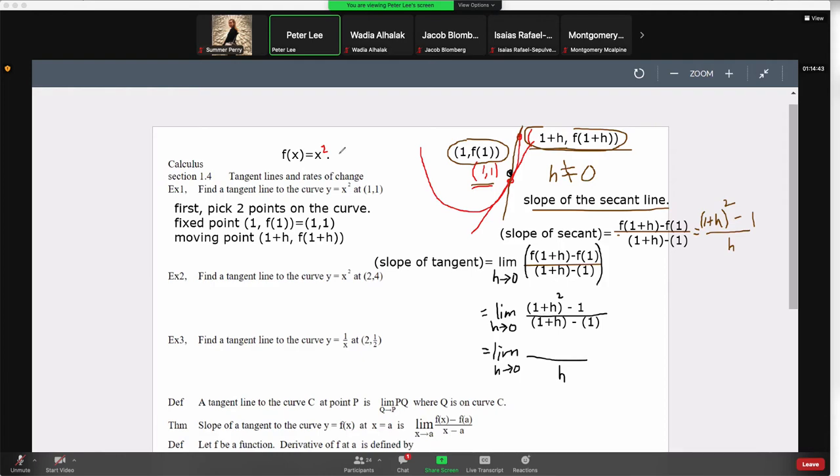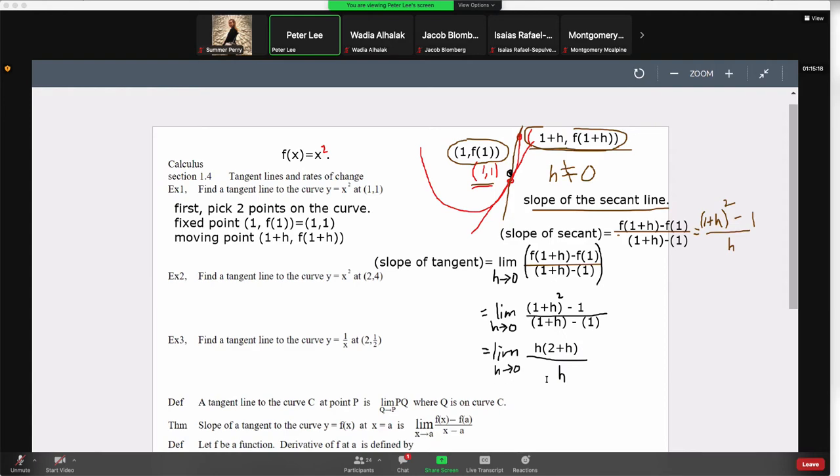The numerator is 1 plus 2h, and then plus h squared, minus 1. If you simplify the numerator, we get 1 plus 2h plus h squared, then minus 1. So the 1 minus 1 is gone, and so we get 2h plus h squared. And you factor out the h, and now we get h times (2 plus h), over h.